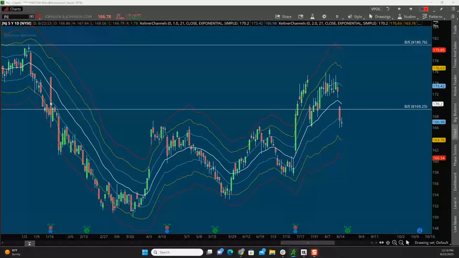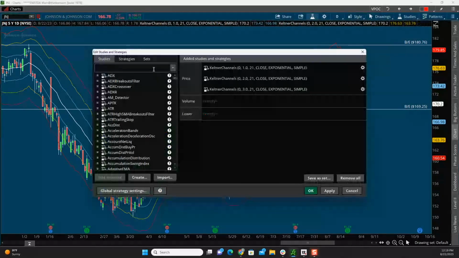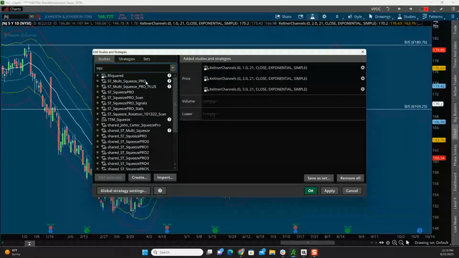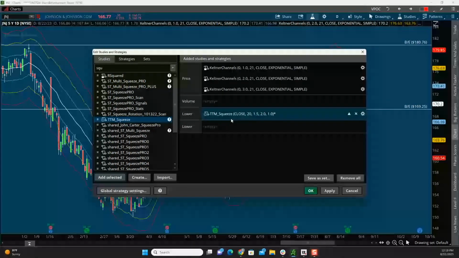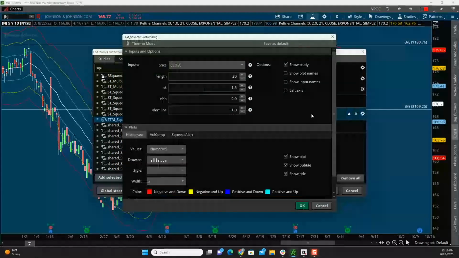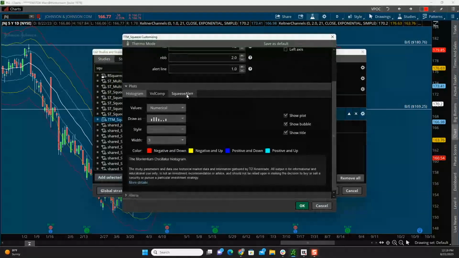Okay. And then over here, if you don't have the Squeeze Pro and you just want the regular old squeeze, you just have the TTM squeeze here, which is free on most platforms. I would say it's free on all platforms, actually. TTM squeeze, add it. Nothing to change here. The only thing I do change, with my background being darker, I go right here to squeeze alert.